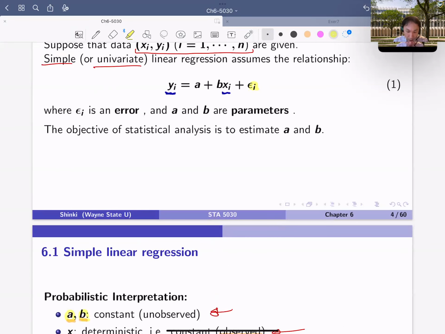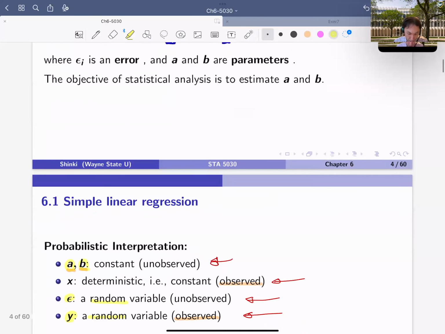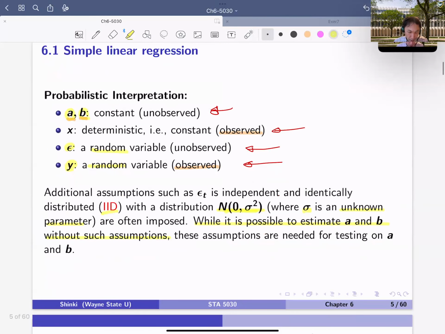And our objective in statistics is to estimate this A and B. So we want to specify the intercept and the slope of this relationship.